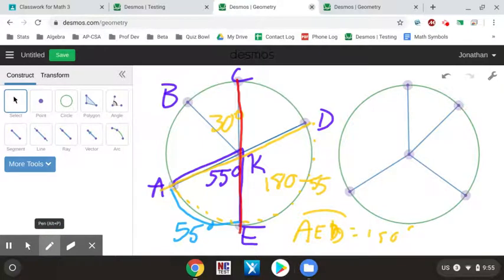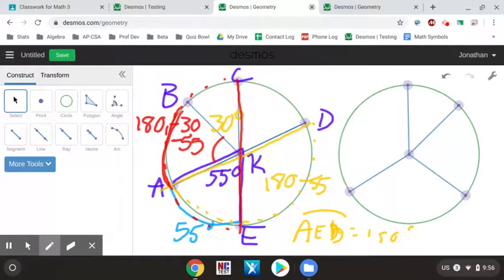If that is a diameter of the circle, just showing you how you could extend this further, I could solve for BA because the whole thing from C to E was 180. So I could do 180 minus my 30 degrees for BC, and then minus my 55 for AE, which would give me the value of that arc.